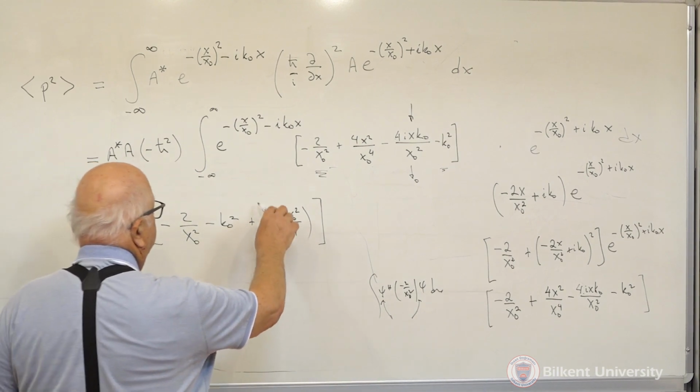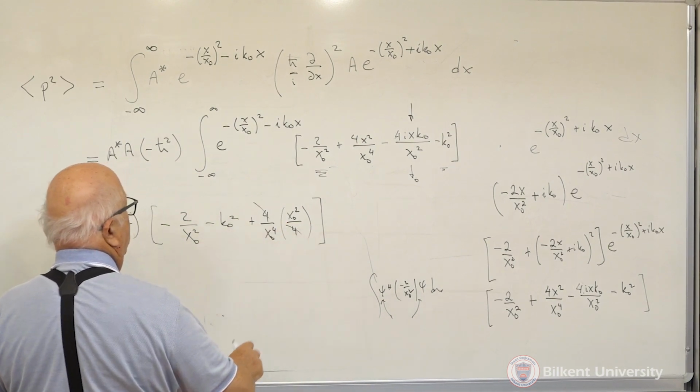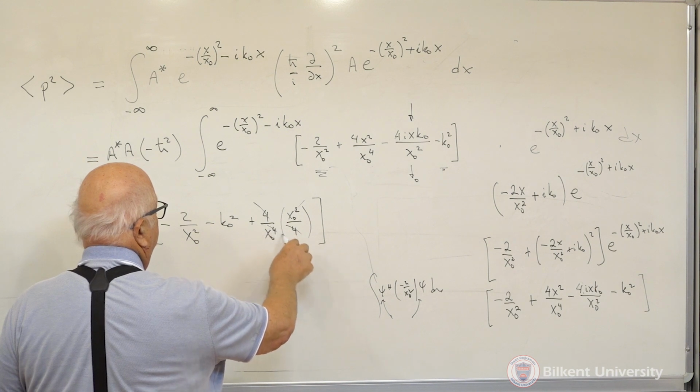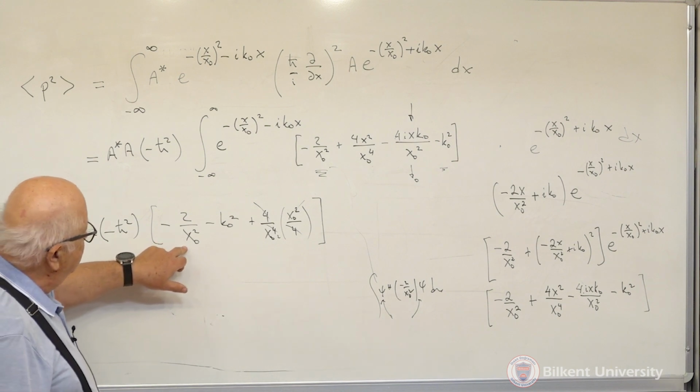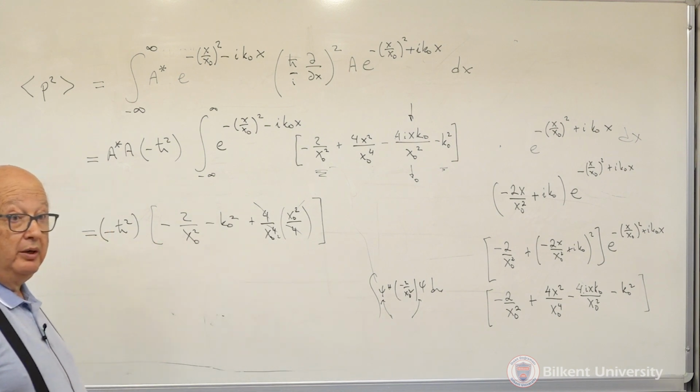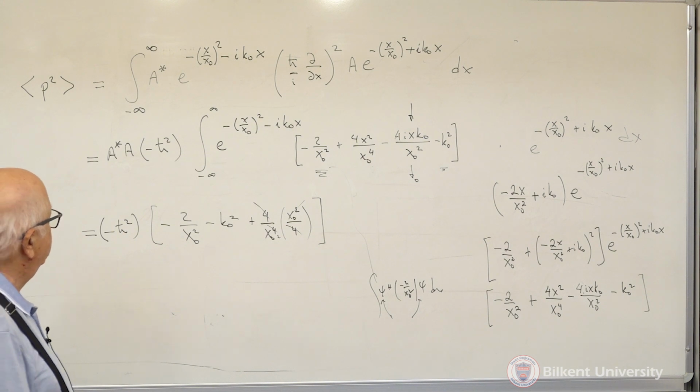Okay, so the 4's cancel, and this x0 squared will cancel 2 factors of the x0 over there. So this is minus 2 x0 squared, this is 1 x0 squared.